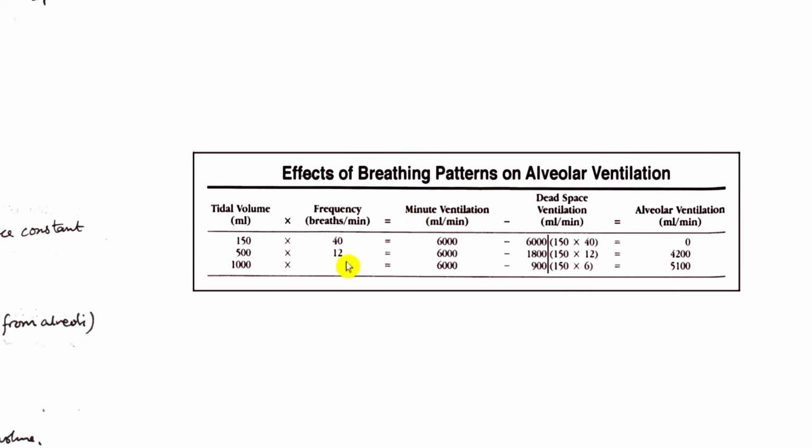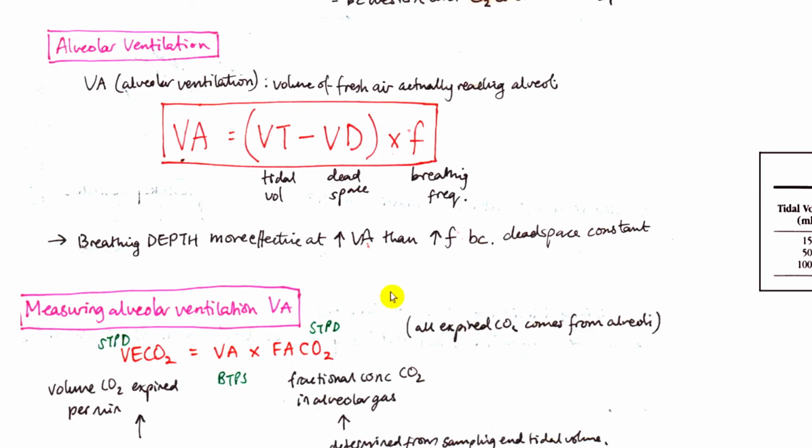If we increase the tidal volume but decrease the frequency of the breaths to keep the same minute ventilation, we decrease the total amount of dead space, so we get a larger alveolar ventilation. And if we increase the tidal volume greatly but decrease the amount of breaths, then to maintain a minute ventilation of 6,000, the total dead space decreases as well, so we get a much larger alveolar ventilation, which demonstrates this principle.